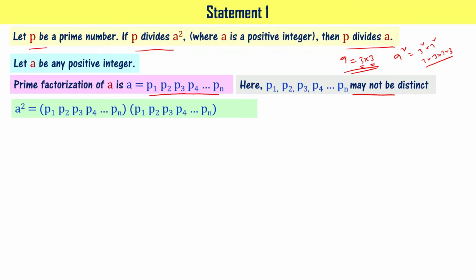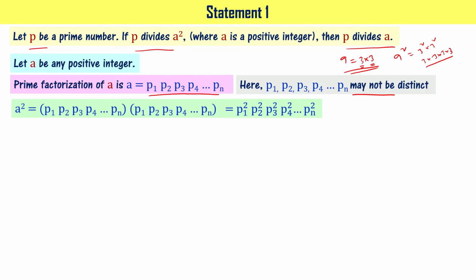That is what we are writing here. A is equal to P1 times P2 times P3 times P4 up to Pn. Then A square is going to be P1 times P2 times P3 times P4 up to Pn times P1, P2, P3, P4 up to Pn, right?